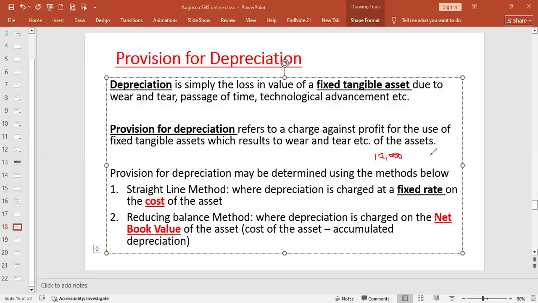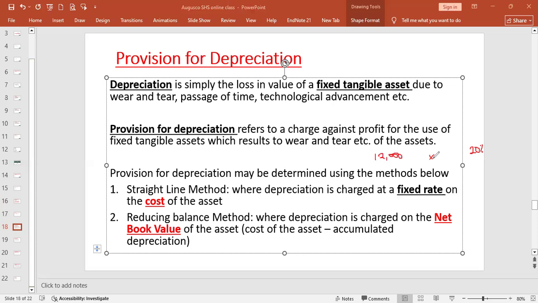If we are depreciating this using the straight line method, then a certain fixed rate, let's assume 20%, would be multiplied by this cost. 12,000 multiplied by 20% will give us 2,400. So it means that 2,400 would be charged as provision for depreciation on that building.